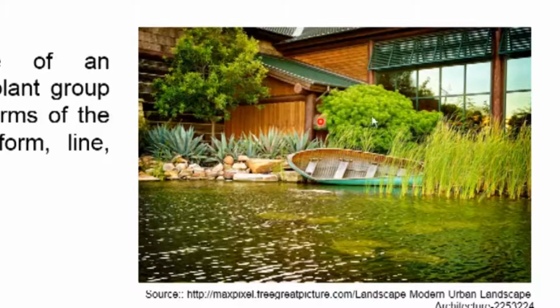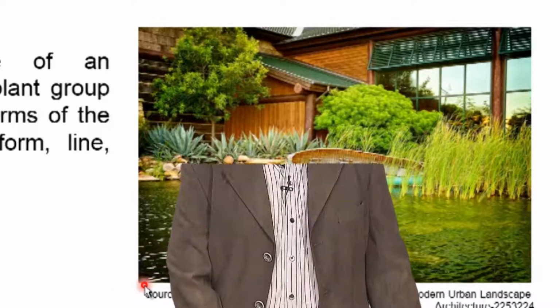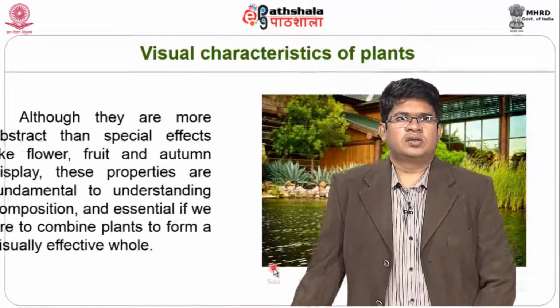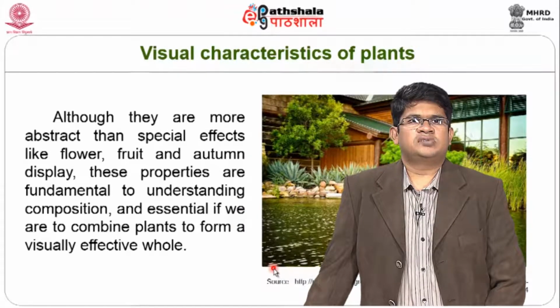All these have a kind of character within themselves, and they bring together how a space is looked at visually, and how effectively the aesthetic considerations can be brought into this particular space. So, they can be very special effects.